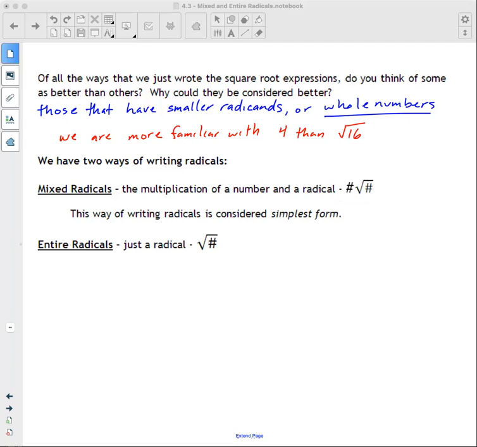An analogy: think of entire radicals as an unsimplified fraction, and a mixed radical as a fully reduced fraction. An example of a mixed radical might be 2 root 3, and an entire radical might be root 12. We will get into simplifying these radicals in the next couple of slides.